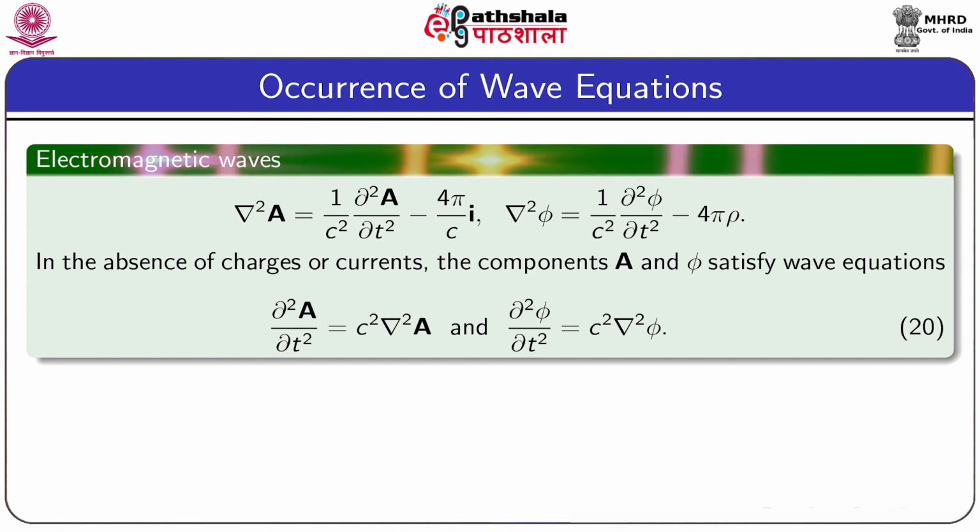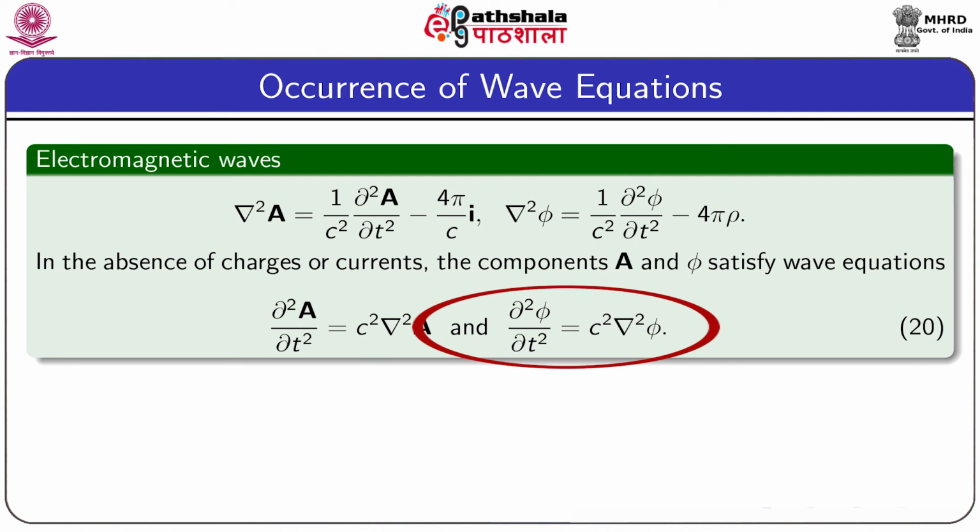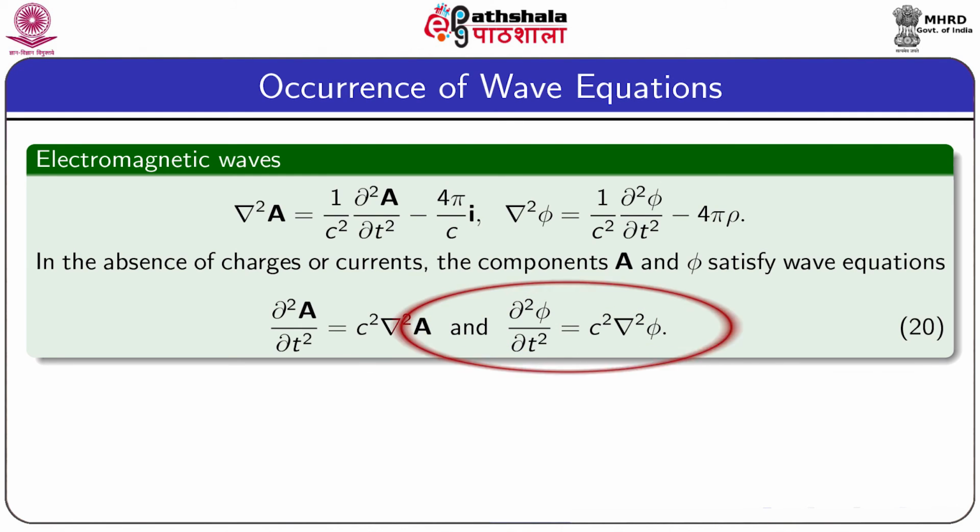Now, in absence of charges, that means in the first equation if I equals 0, the equation reduces to ∂²A/∂t² equals c² grad square A, and in the second equation if rho equals 0, then the equation for phi becomes ∂²φ/∂t² equals c² grad square phi.